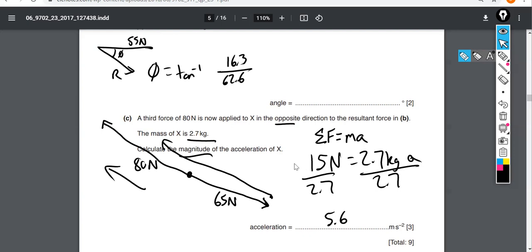So if this is negative 15 newtons, and you solved it and you got negative 5.6, then you're just saying, of course, it accelerates in the same direction as the net force. In this case, this way, that's the direction I assigned as negative. So the negative sign here doesn't really matter so much. You could just assign your directions the other way, keep it positive. It's not incorrect as long as you've clearly assigned that direction as negative.